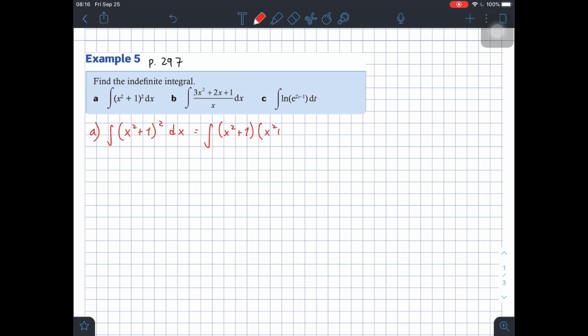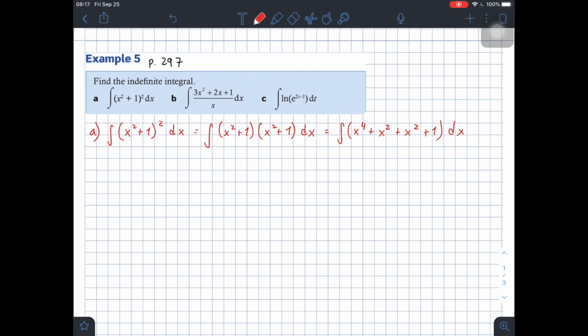Times x squared plus 1 with respect to x. Why? Because this was squared, right? So if I expand this using the FOIL method, I will have the integral of x to the power of 4 plus x squared again plus 1 with respect to x, right?